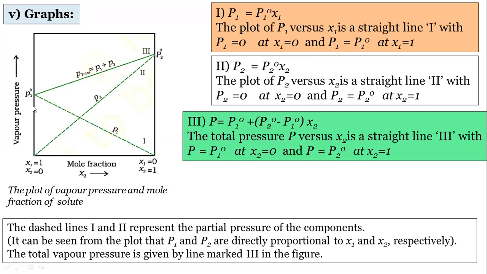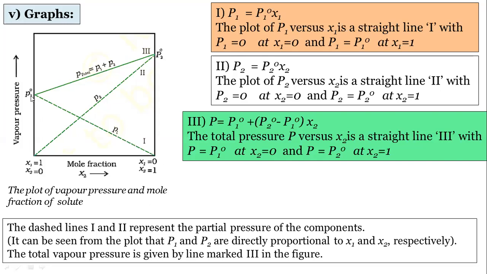So first, for P naught 1, there are three graphs I will explain. First one is P1 is equal to P naught 1 x1. The plot of P1 versus x1 is a straight line, line 1, this one. See, this line 1 indicates the plot of P1 versus x1. This is P1 and this is x1.